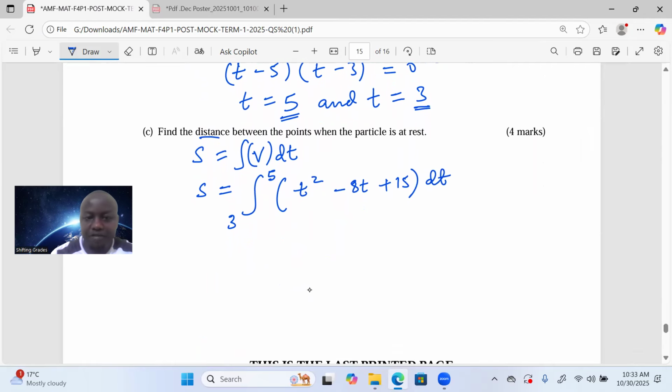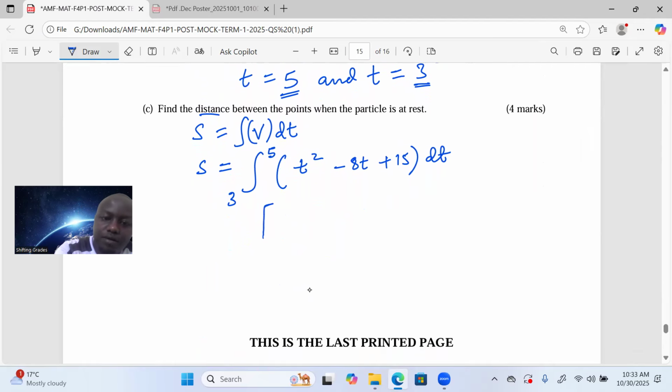So now when we integrate, the power becomes 3, and 3 divides the whole term, minus t becomes power 2, and the new power divides everything, making this a 4 instead of 8. Then plus 15t is introduced, plus an arbitrary constant, from 3 to 5.